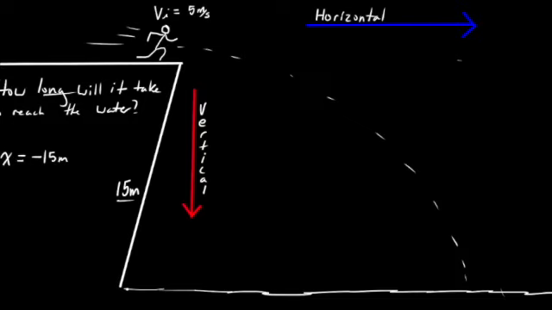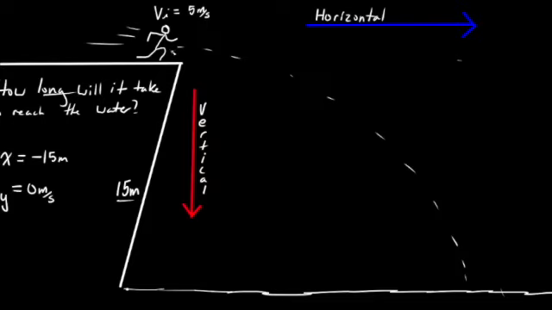I'm going to put a y next to it because typically the vertical axis is the y-axis. So his initial velocity in the vertical direction, not the horizontal direction, would be 0 meters per second.